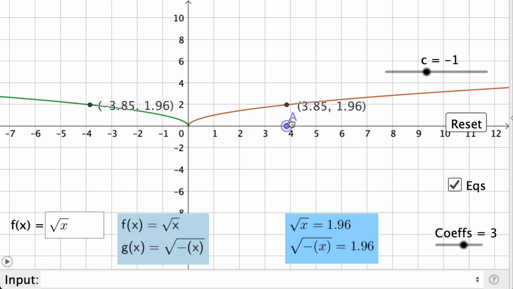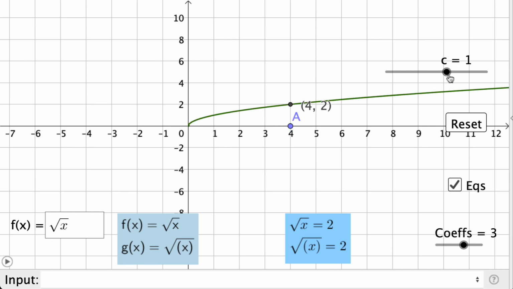So our original point, let's say, of (4, 2), where y is the square root of x, now we have to replace x with a negative value of x in order for the equation to still give us a y value of positive 2. Because now if we're saying the square root of negative x is equal to 2, then x itself has to be equal to -4. And that's why we can see this with some functions, not with others, depending on whether or not they're symmetrical around the y-axis.